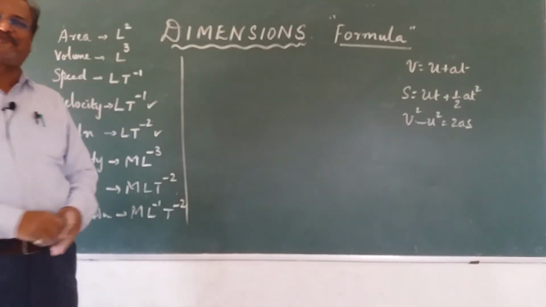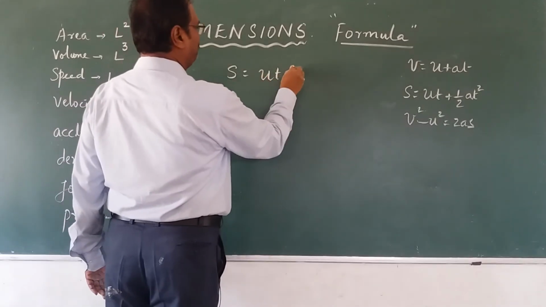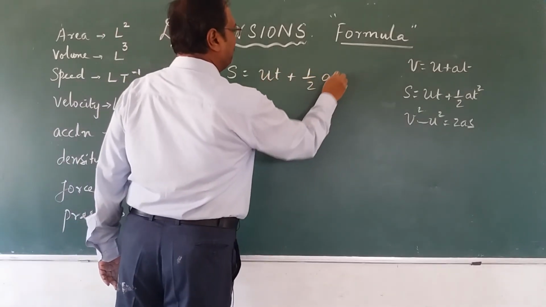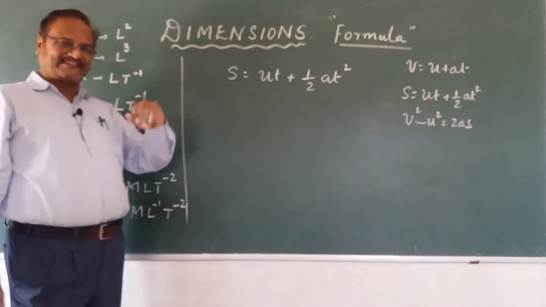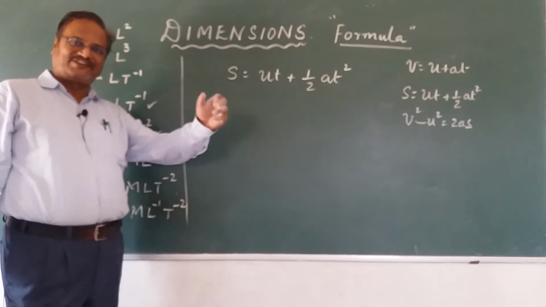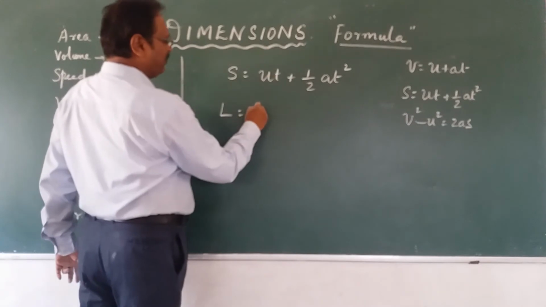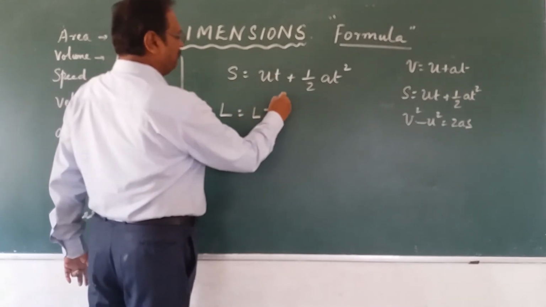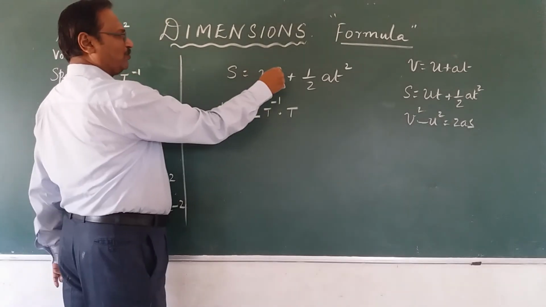Okay, let me do one more problem for you. s = ut + half at square. Yes, watch. What is s? Displacement. Displacement is distance. Distance is length. So L is equal to u, initial velocity, L t power minus 1, into time t. This first factor is over.